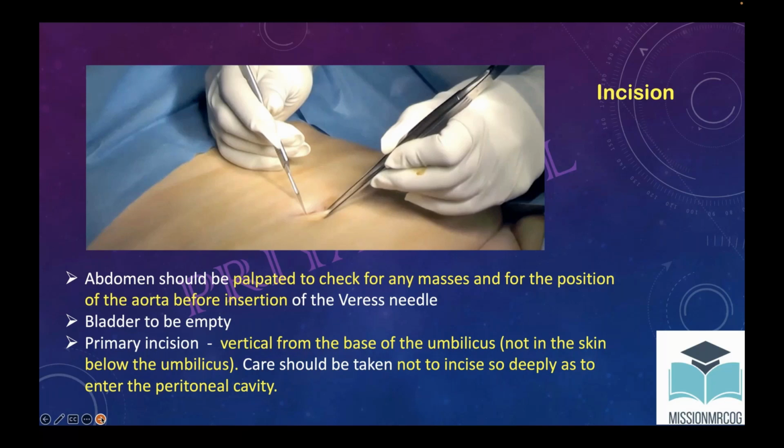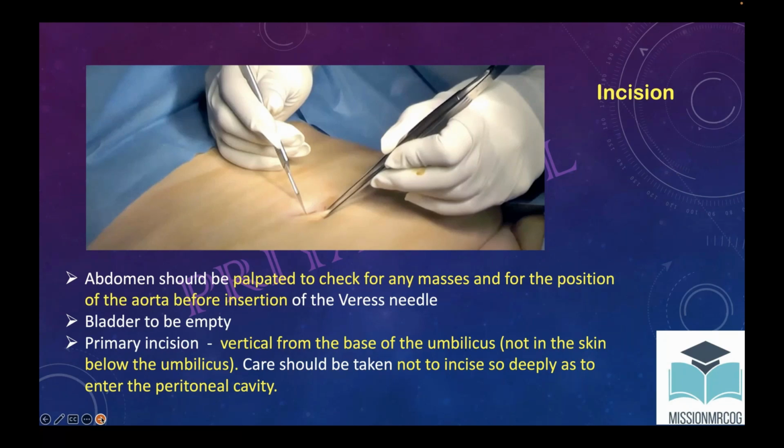Once the machine and needle checks are done, the next step is the incision, and before that we need to palpate the abdomen to find out if any scar or mass is there, and the position of the aorta before the Veress needle. And as we are going for abdominal gynecological surgery, the bladder has to be empty.